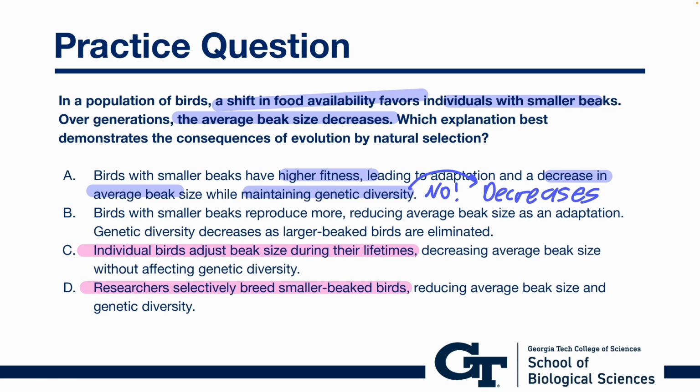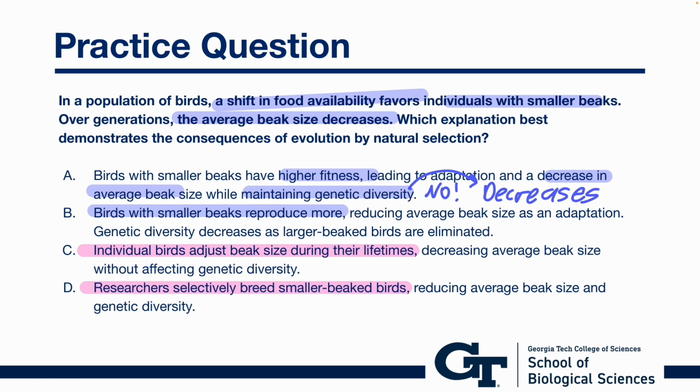Now we're left to look at B, and it says birds with small beaks reproduce more, and that reduces average beak size and decreases genetic diversity. We know that genetic diversity is going to decrease. Now let's look at this one part: birds with smaller beaks reproduce more. It's kind of hard to infer that from the question. But if you think about it, what does this have to do to be natural selection?